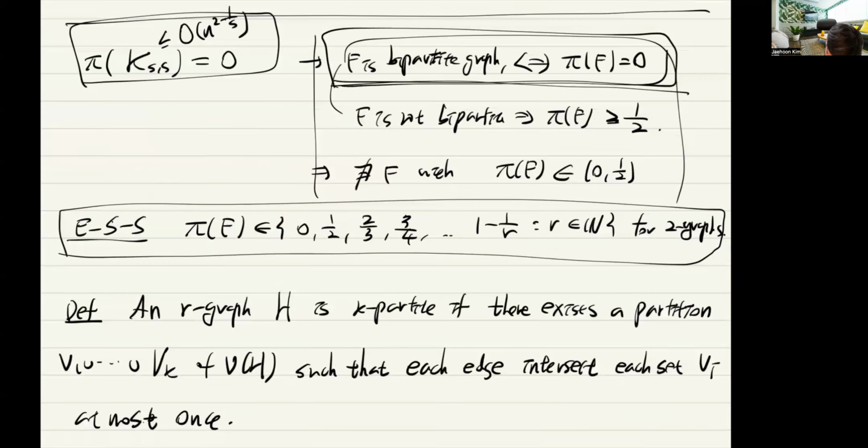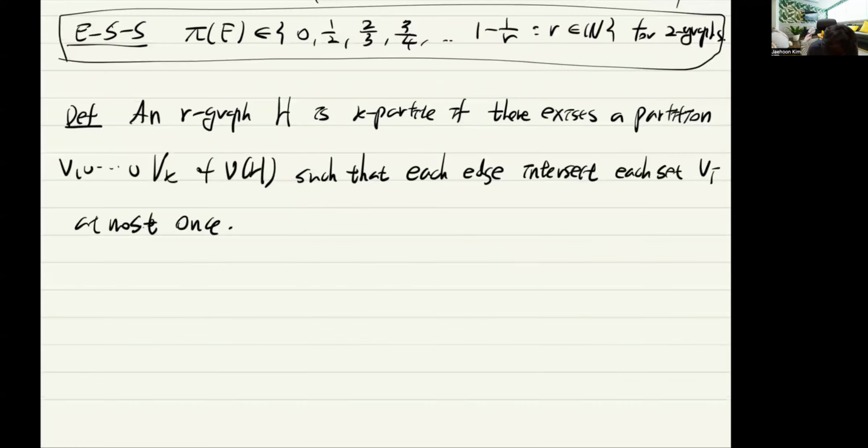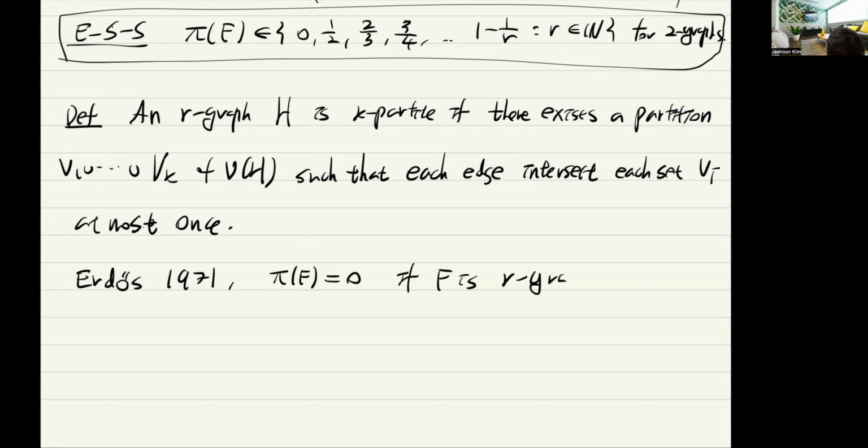And generalizing this, Erdős in 1971 proved that the Turán density is zero if and only if F is an r-partite r-graph.